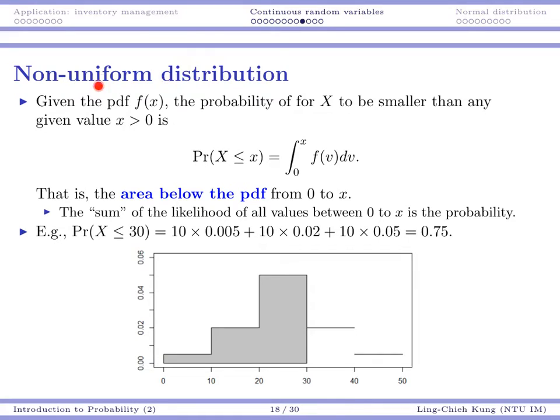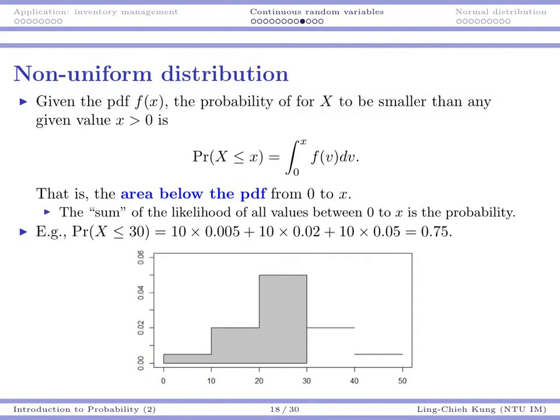Given the PDF, the probability for x to be smaller than any given value would be calculated in this way. The probability for the random variable X to be smaller than a given value small x can be calculated as an integral from 0 to x, integration with respect to x of the PDF.